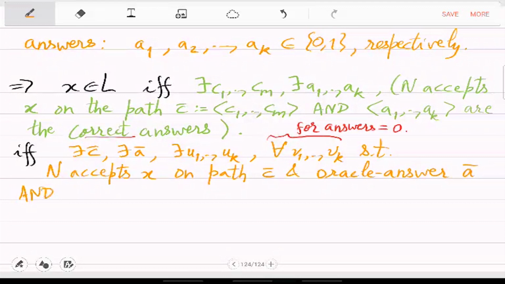So that is for all i in K, when Ai is 1, then there should be a certifying assignment.